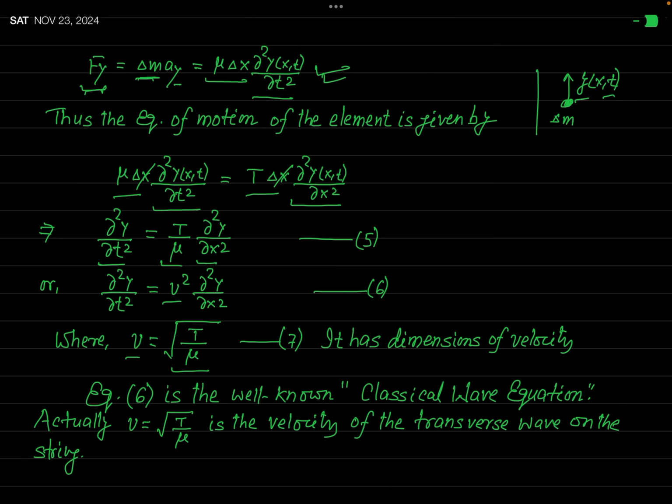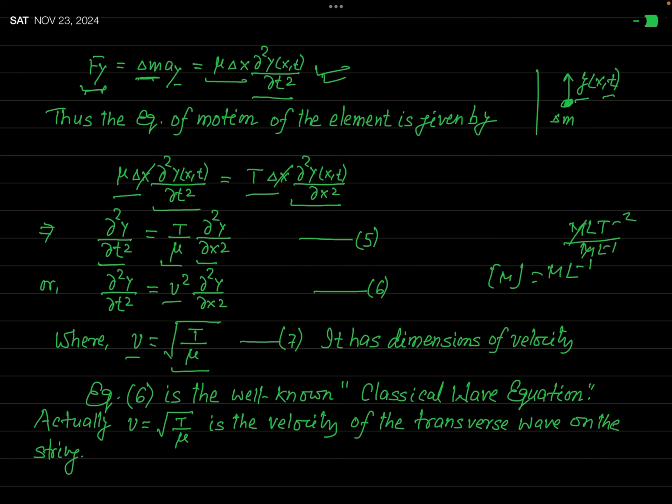Actually, when you find the dimensions of T/μ, the dimensions of T mean the dimensions of force, and the dimension of μ will be what? This is mass per unit length, so this is ML⁻¹. The dimension of T will be MLT⁻², divided by ML⁻¹.